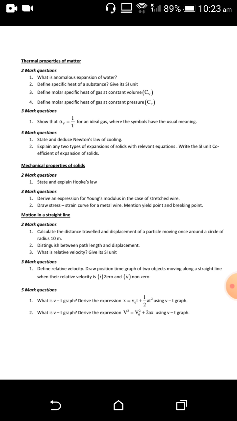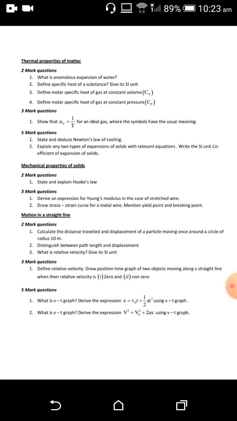Next it is regarding the mechanical properties of solids. Coming to the two mark questions: state and explain Hooke's law. This question they have repeatedly asked in your examination. Again, you need to state the statement of that and write the mathematical form of Hooke's law.